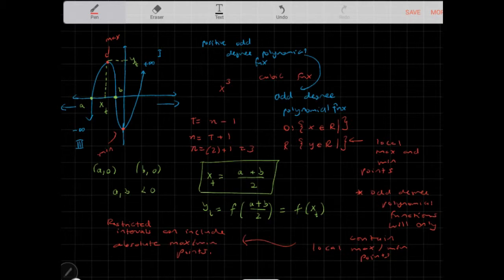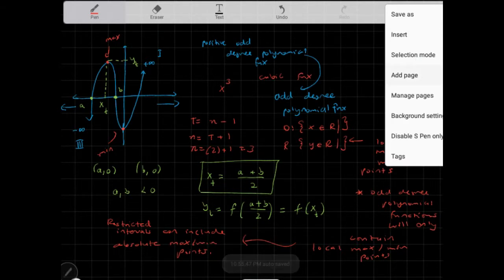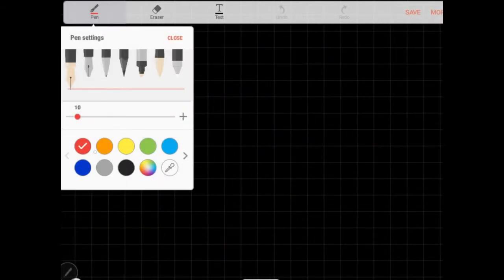However, if you're looking at an even degree function, let's just draw that here. You can imagine that this is even degree because both of the end behaviors are the same. They're in quadrants 1 and 2.